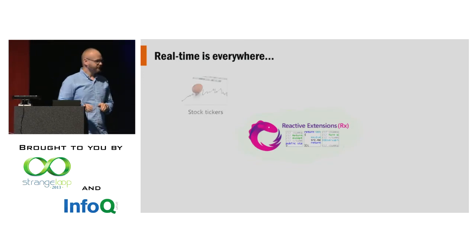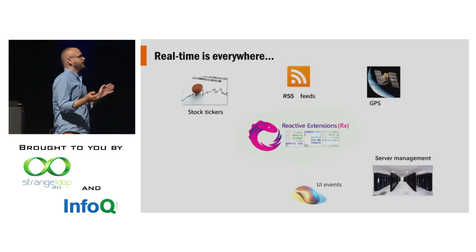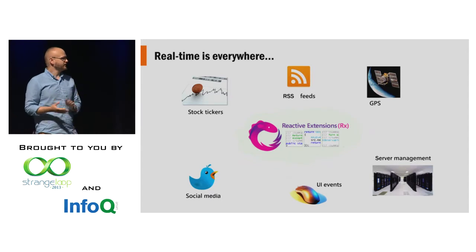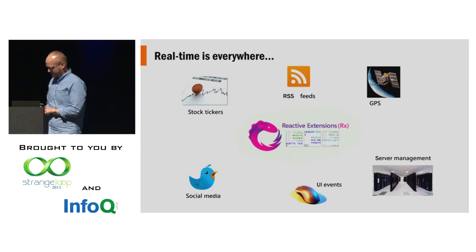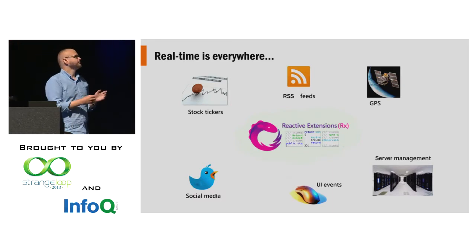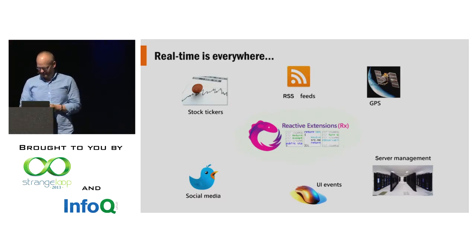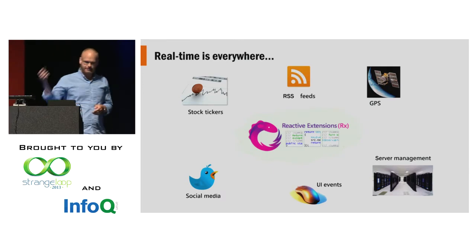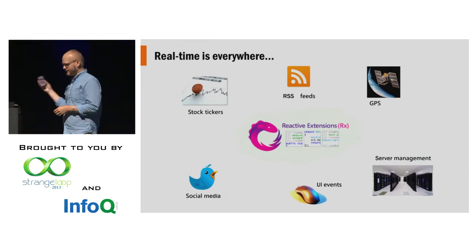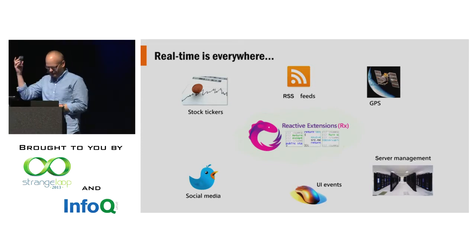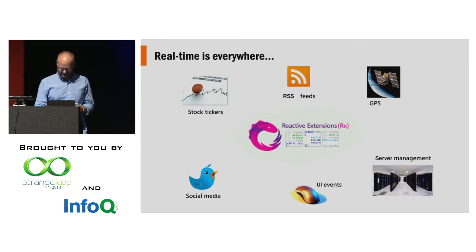Now, the data comes in any number of forms, whether it's stocks, RSS, GPS, server management, UI events, social media. But all of these really are just forms of databases that we should be able to query. This mouse right here is a database. I should be able to write queries over it, even though the data may not necessarily be here.